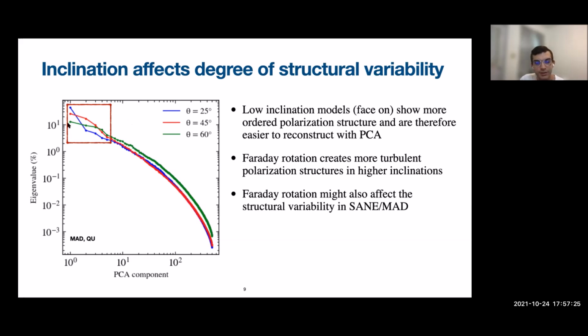Since here the 60 degree black hole images have a very low first eigenvalue in comparison to what we observed in the lower inclination of 25 degrees. And this could potentially be due to the presence of Faraday rotation effects in these images.